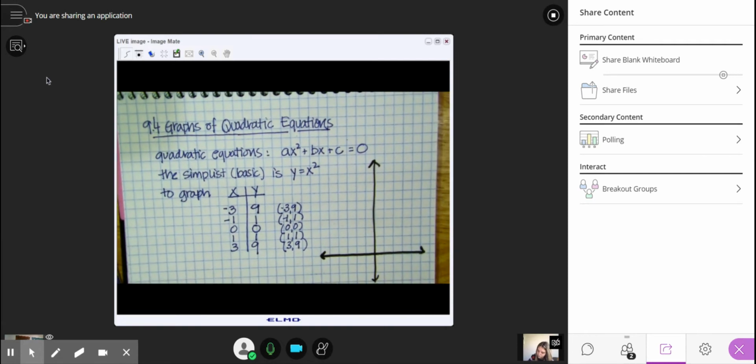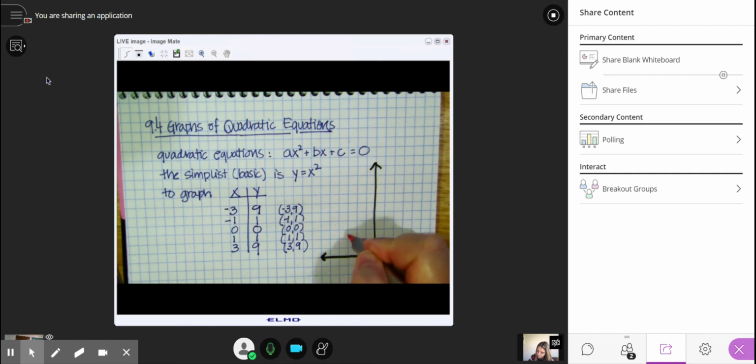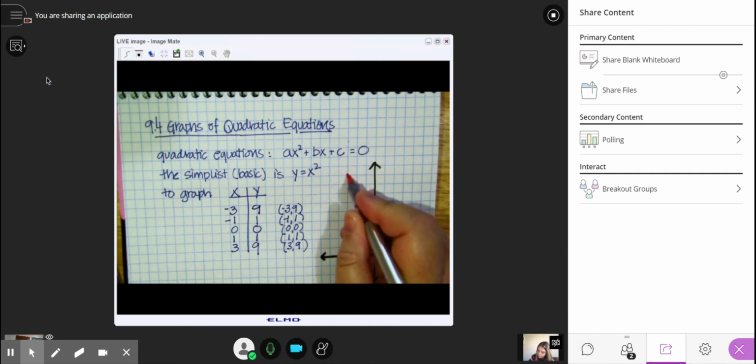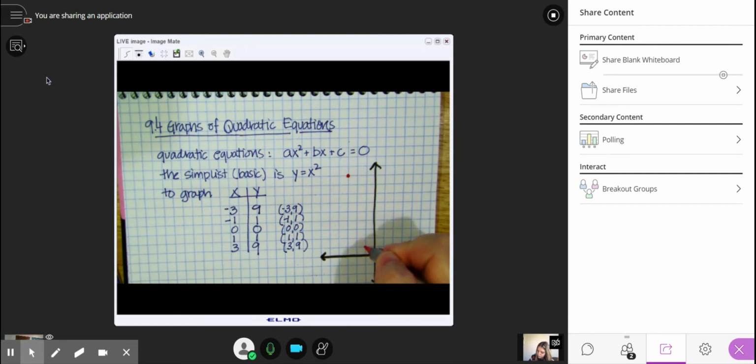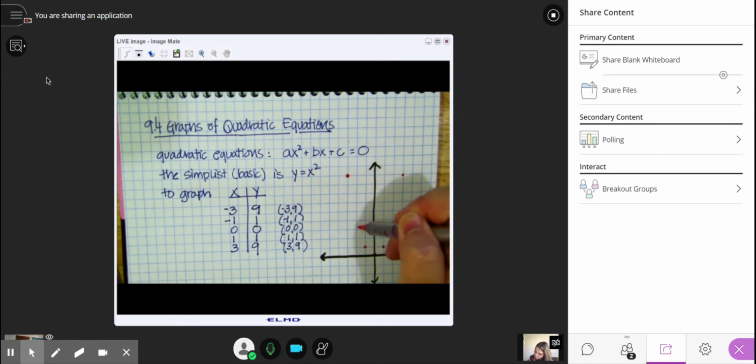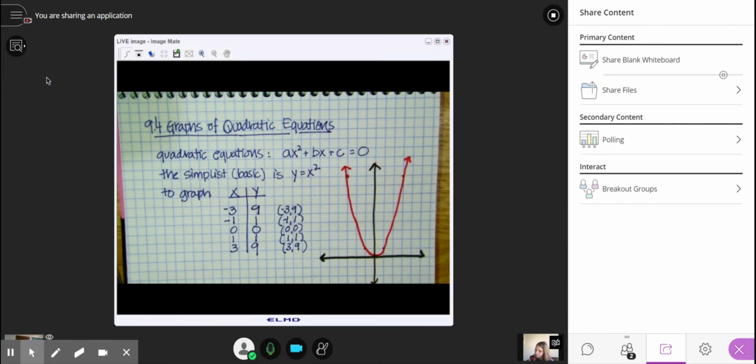When I graph these points, -3, 9, -1, 1, 0, 0, 1, 1, and 3, 9, you see that this particular graph is not a straight line. This graph is something called a parabola.